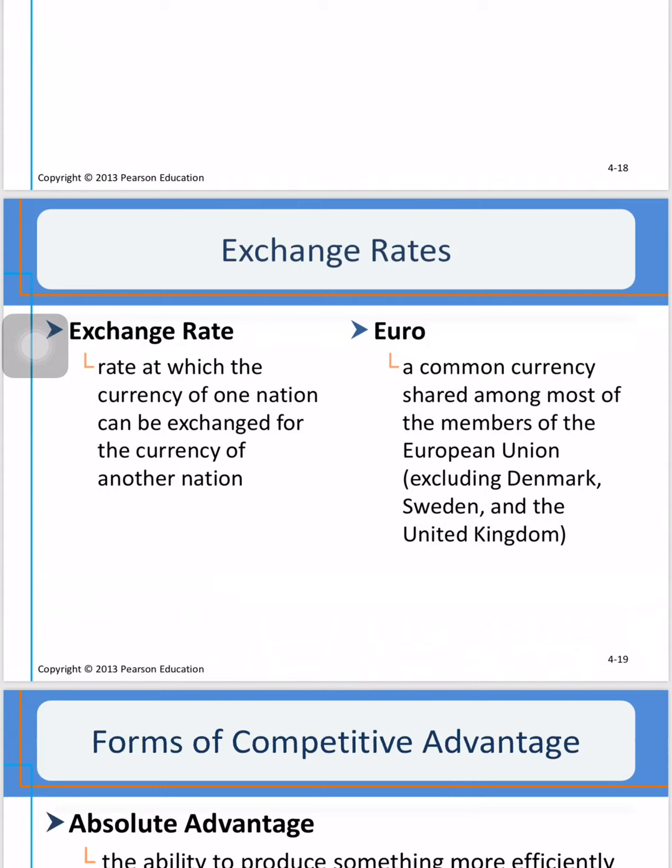Now floating: the value of a country's currency relative to another currency varies with market conditions.